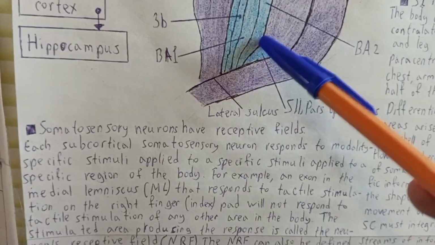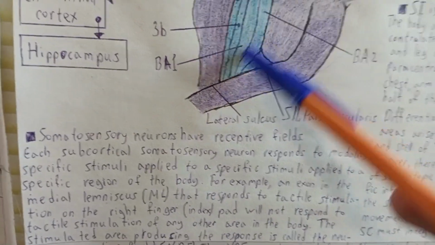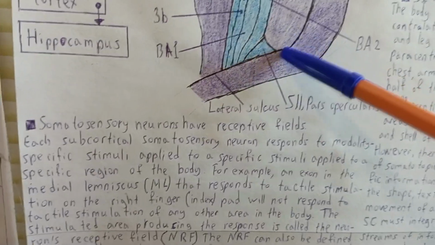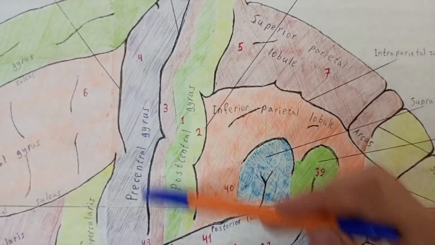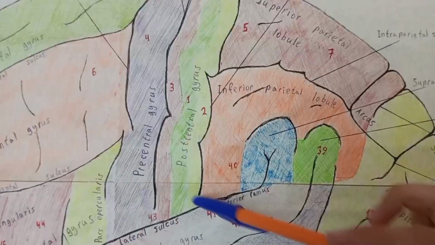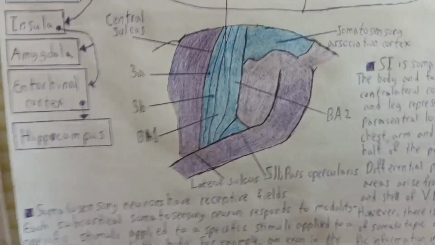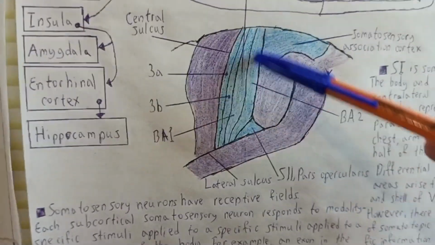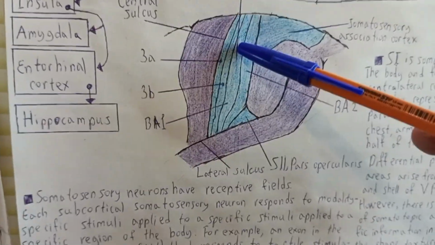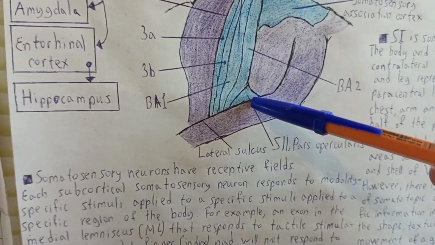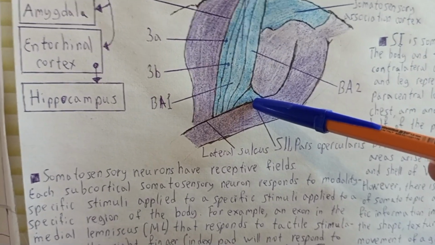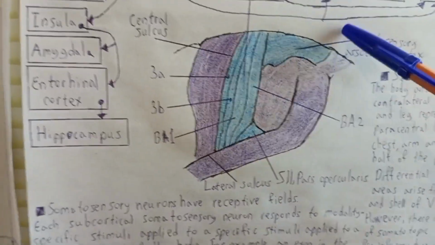And this is also called pars opercularis. This is small, somewhere here. I can show you. Again, the postcentral gyrus, and somewhere here, maybe a little bit here, there's S2. So input comes into S1, then goes into S2, and it also might go directly to the posterior parietal cortex, as we can see.